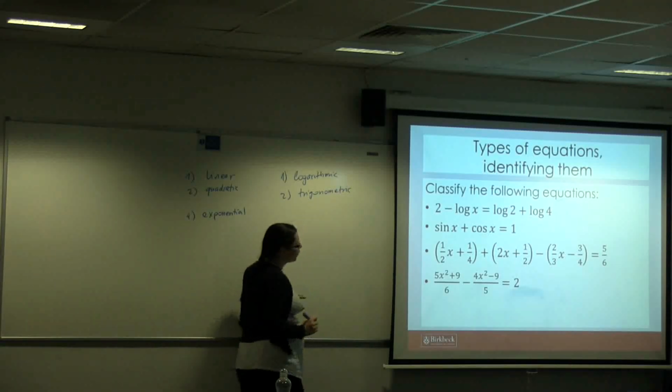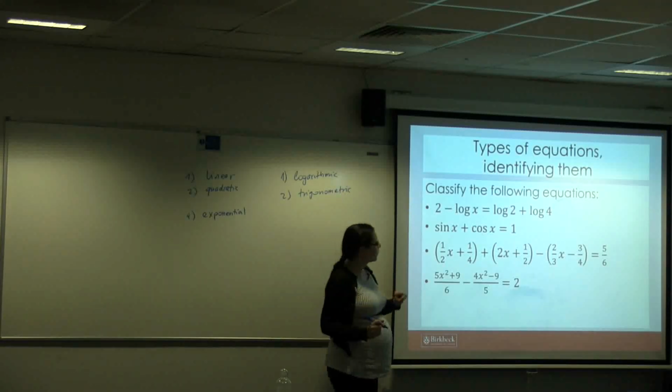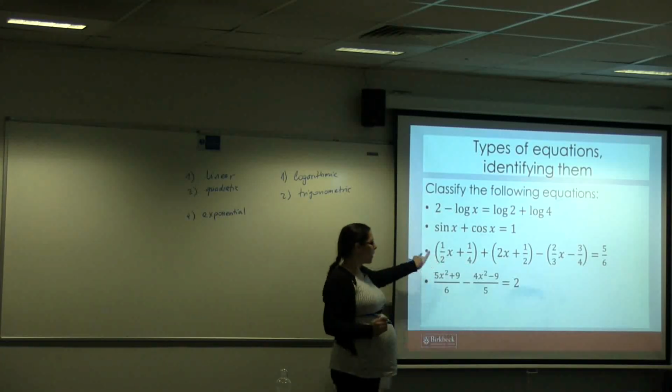Now this is something that you probably don't see much. That looks quite complicated. Loads of brackets are going on, loads of fractions. But if you look at x, if you look at the variable, what do you observe?